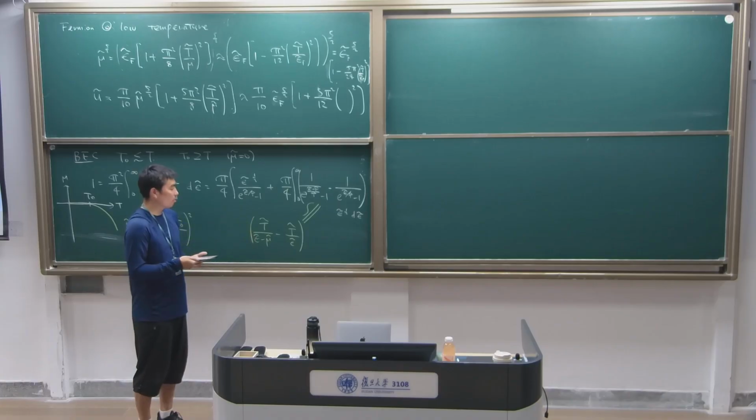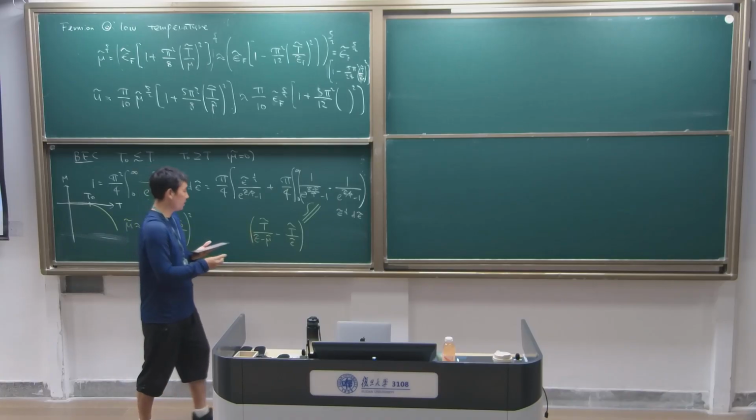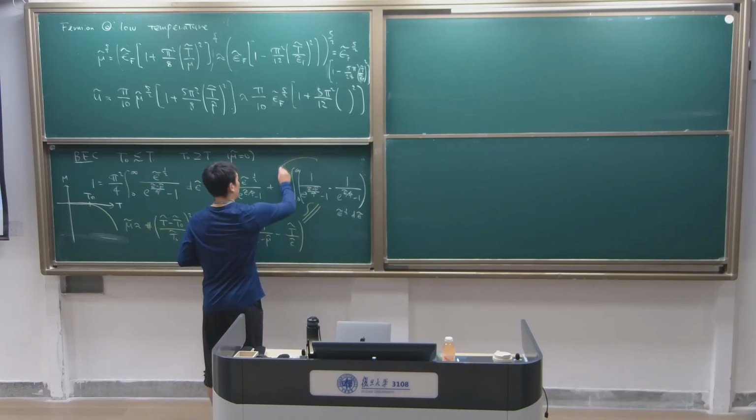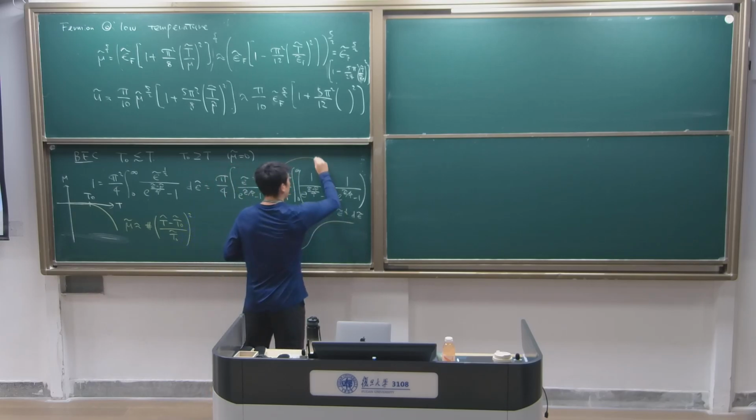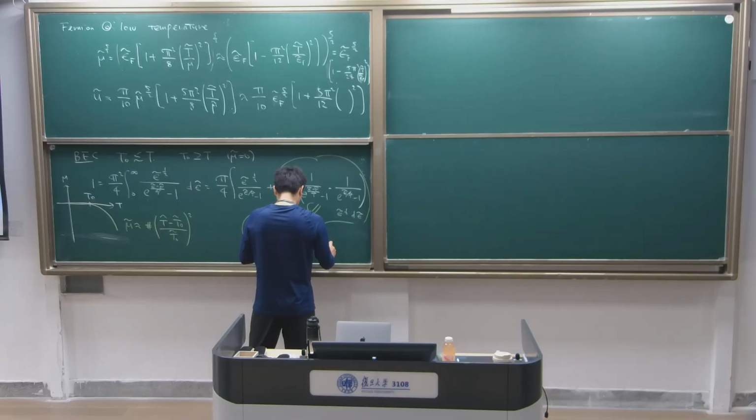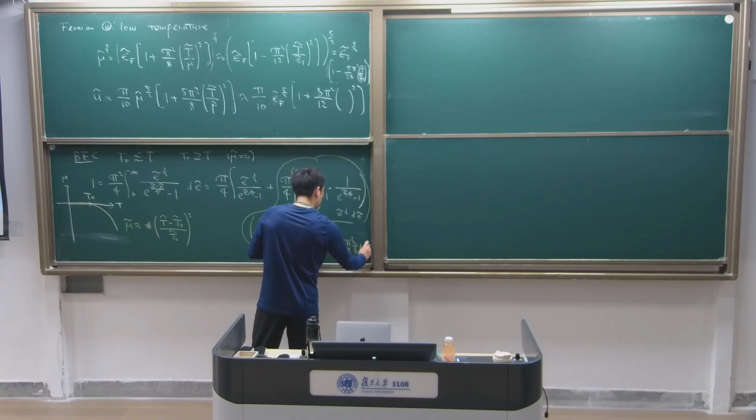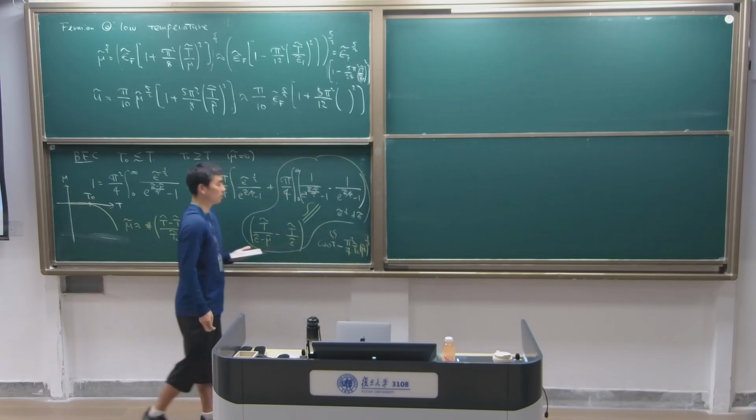But if you try to include, so from here, if you do the whole integral by using this approximation, what you get is, in fact, some constant minus the pi squared over 4, here not one half.